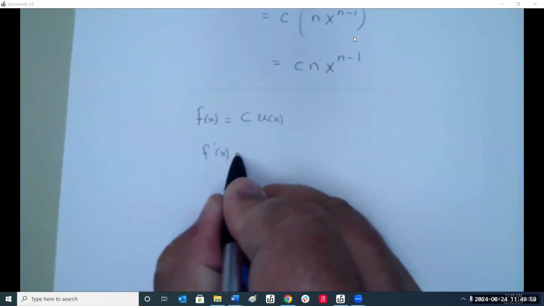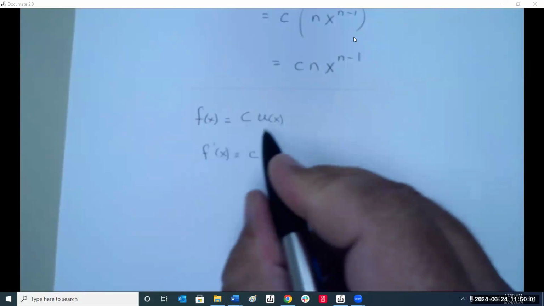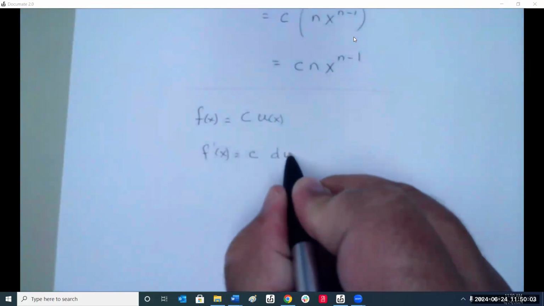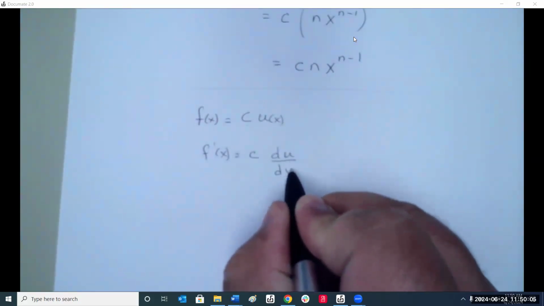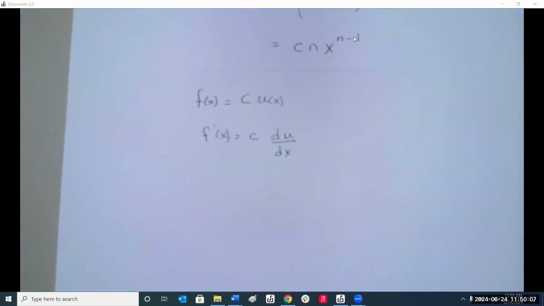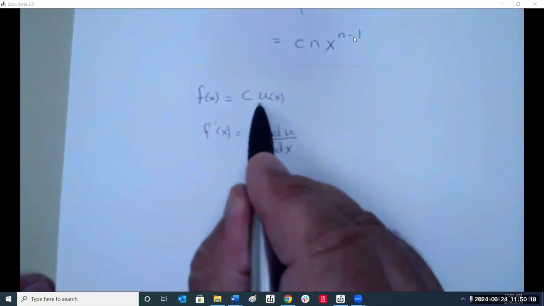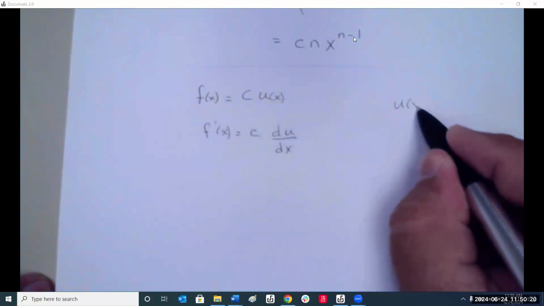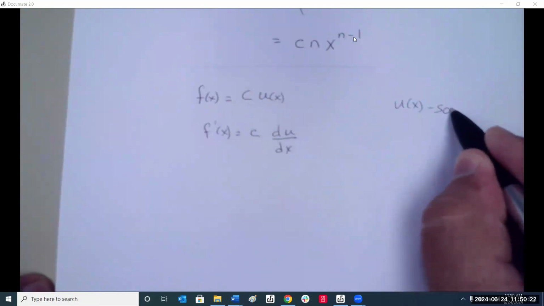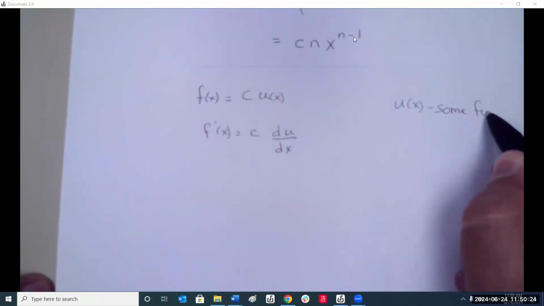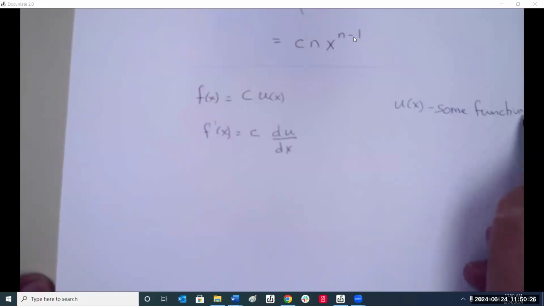The derivative, again, take the constant out, take the derivative of that function times the constant. Because this is u of x, some function of x.